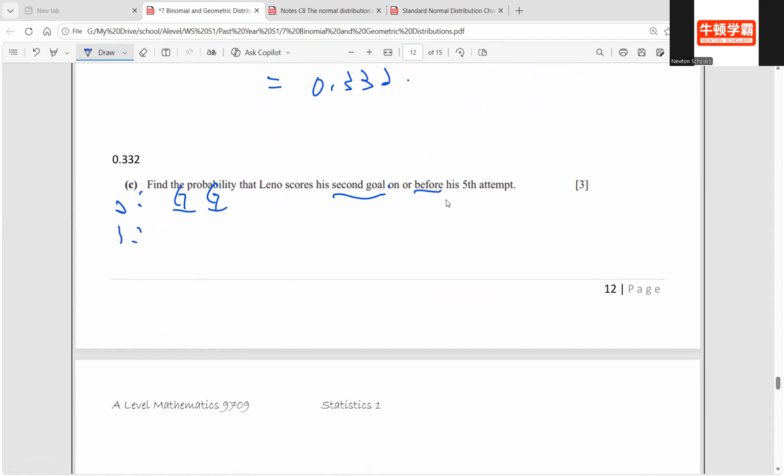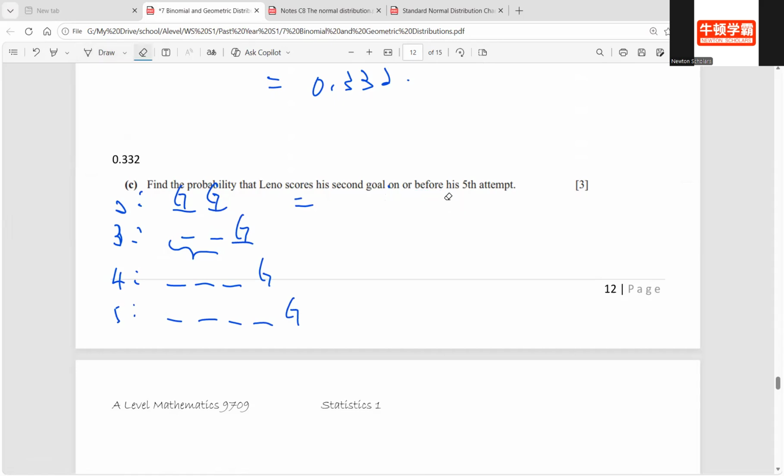I can also have 3 attempts, which is 1, 2, 3. I can have 4 also, 1, 2, 3, 4. I can have 5 also, 1, 2, 3, 4, 5. One of them should have the goal, but I don't know where it is, so I do it one by one.